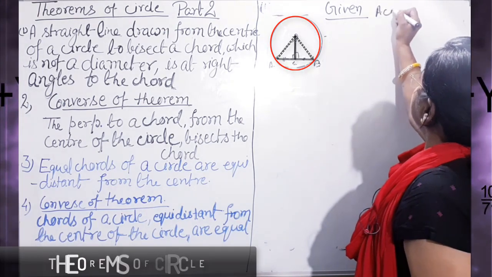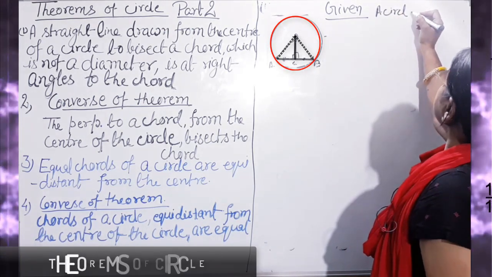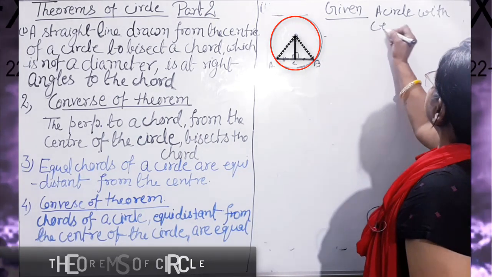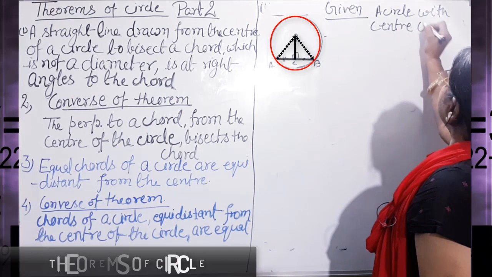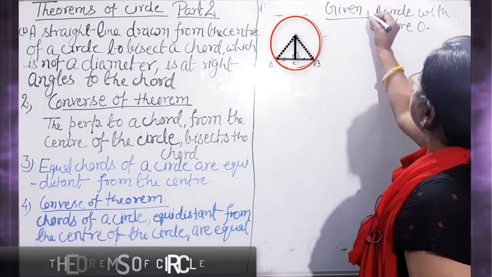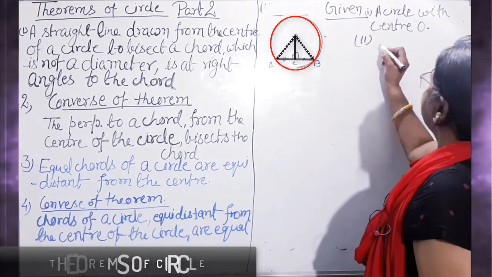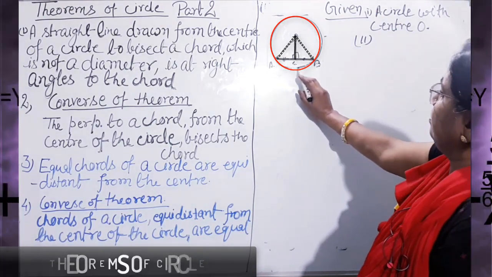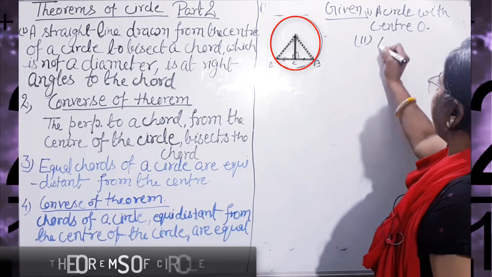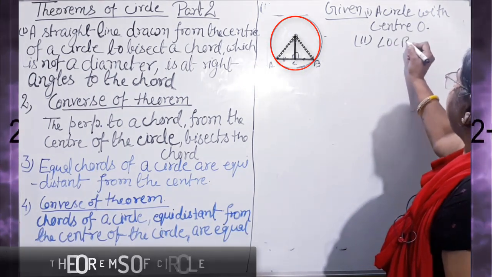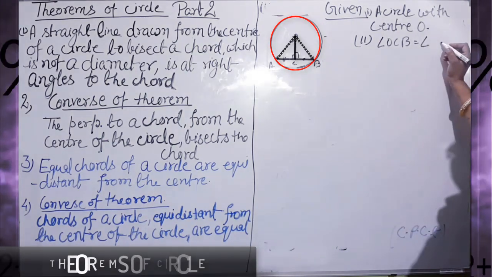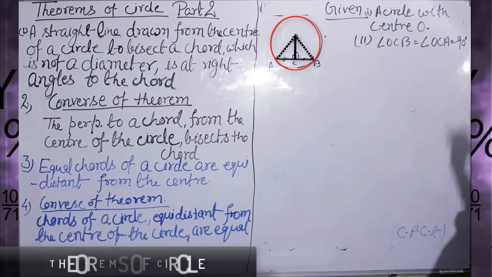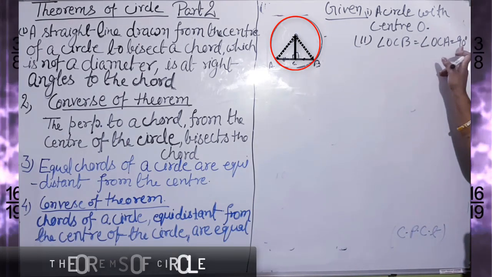A circle with center O, and the second thing given is angle OCB is equal to angle OCA is equal to 90 degrees.